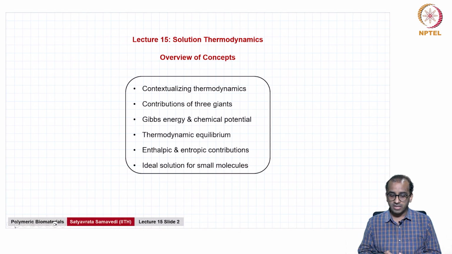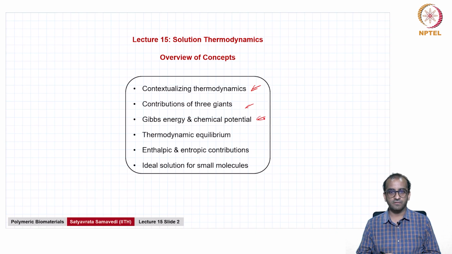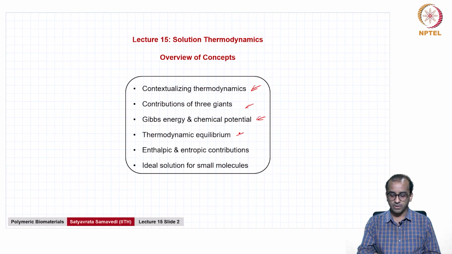So, in today's lecture, we are going to be first contextualizing thermodynamics against concepts we have seen earlier and concepts that we will see in the next lecture. We will also look at the contributions of a few important scientists to this field, and then we will recap some of the key concepts involved in thermodynamics, namely Gibbs free energy and chemical potential, and then we will define the criterion for thermodynamic equilibrium, which many of you may be familiar with if you have already taken some kind of a course in thermodynamics.